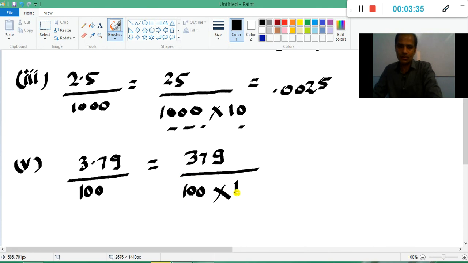Again write one more 100, because in the numerator there are 2 digits to the right of the decimal. You can see after the decimal here there are 2 digits, 7 and 9. So we will multiply the denominator by one extra 100 because it has 2 zeros. Now there are total 4 zeros in the denominator, 2 zeros and 2 zeros, 4 zeros. So in the numerator we will place a decimal after 4 digits. There are only 3 digits, so convert it into a 4 digit number and put a decimal. So the answer is 0.0379.